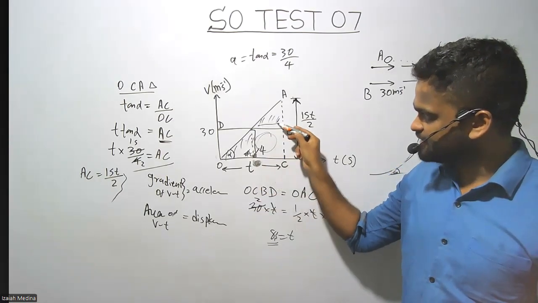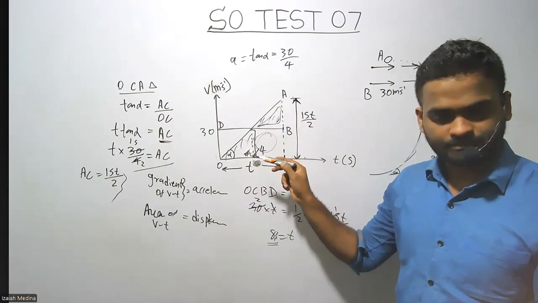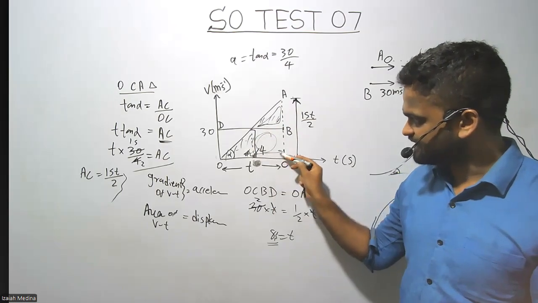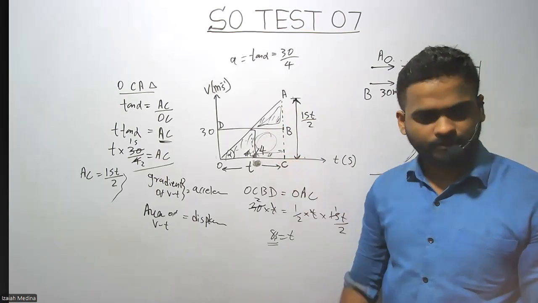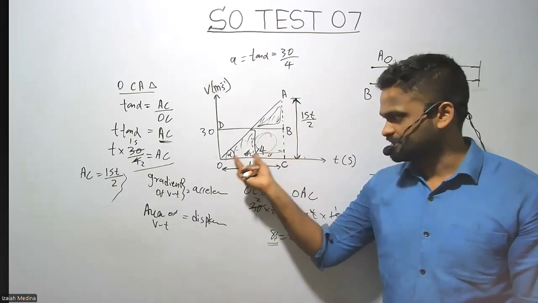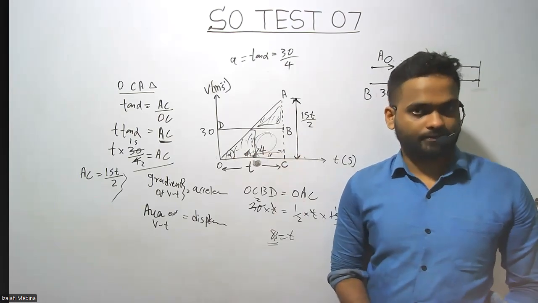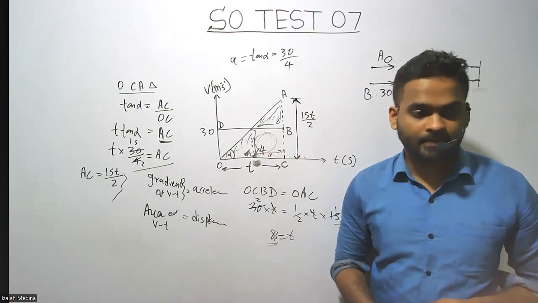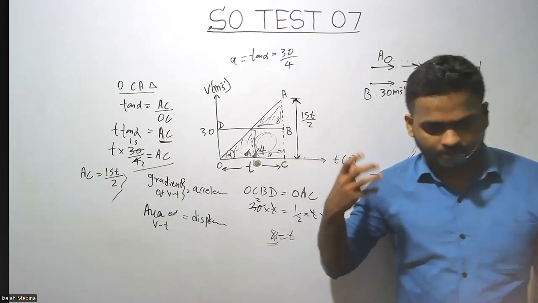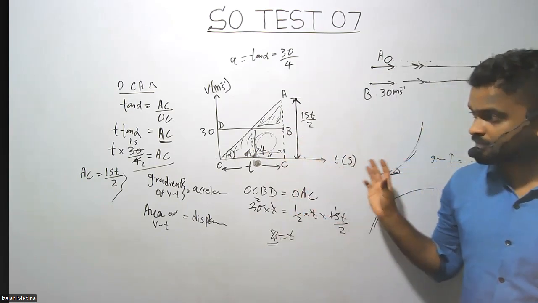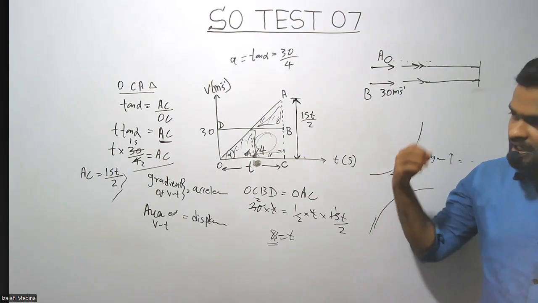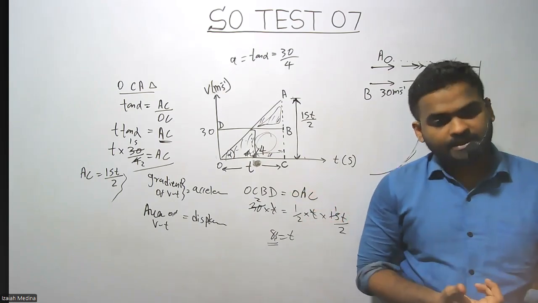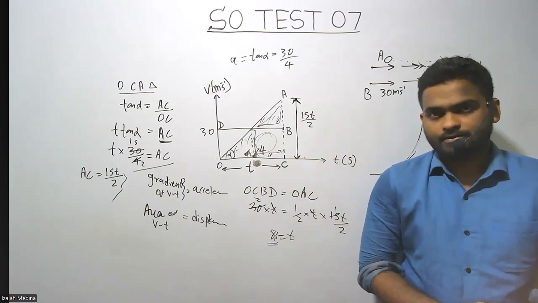If this area needs to be the same, what should be this length? This length should be 4. So 4 plus 4 is 8. You can easily find that if you are very familiar with graphs. But the purpose of explaining this is to give you a brief understanding of gradient and the areas of graphs.